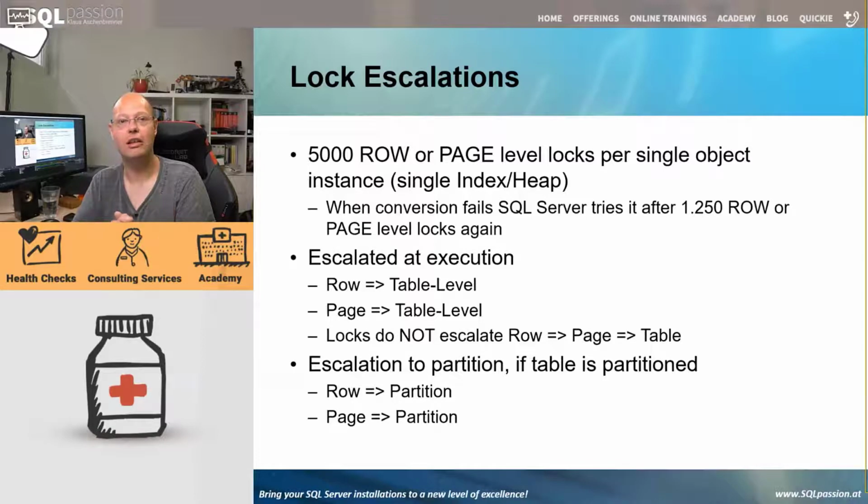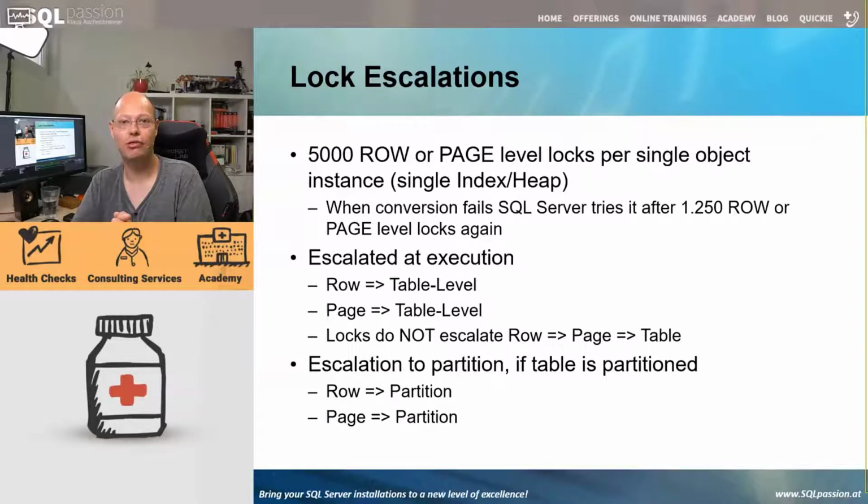And lock escalations are happening in SQL Server when you have, on the row level, more than 5,000 individual locks. So imagine you're reading in the isolation level repeatable read, where you're holding your shared locks till the end of the transaction, more than 5,000 rows. SQL Server performs a lock escalation to the table level.